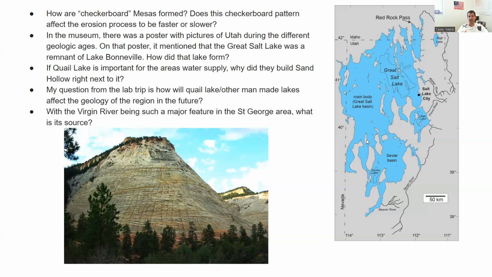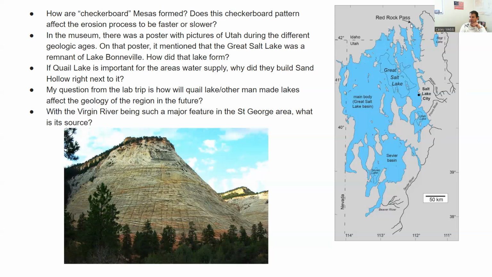As the glaciers melted, these lakes filled higher and higher until eventually one part of the lake breached a natural levee. And as it started to flow over, the energy increased at that location and it started to incise down and allowed for the water to basically drain out into Idaho and Oregon. So that occurred at this Red Rock Pass right here.